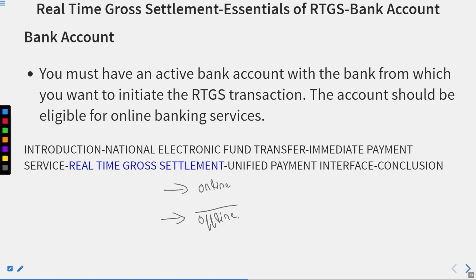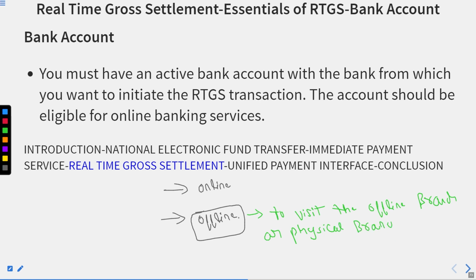If you are going with the offline procedure, then you are required to visit the offline branch, or you can say the physical branch. This is the first scenario.